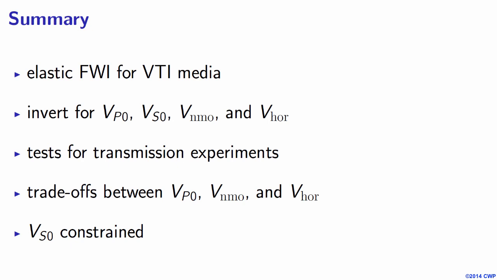So we see there are major trade-offs between the 3 P wave velocities, VP0, VNMO, and V horizontal. And I'll talk about these trade-offs in my next talk, which is after lunch. And we see that we are able to constrain VS0, which is an added benefit because of including elasticity into the model.